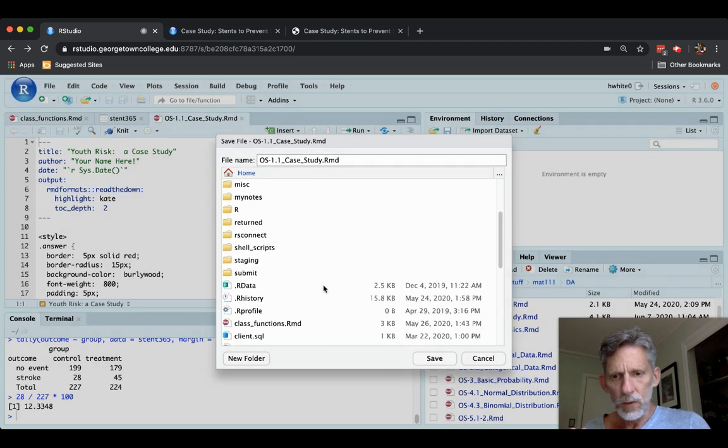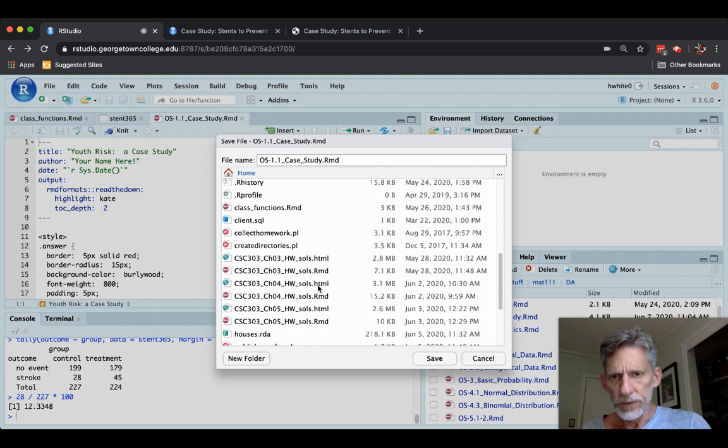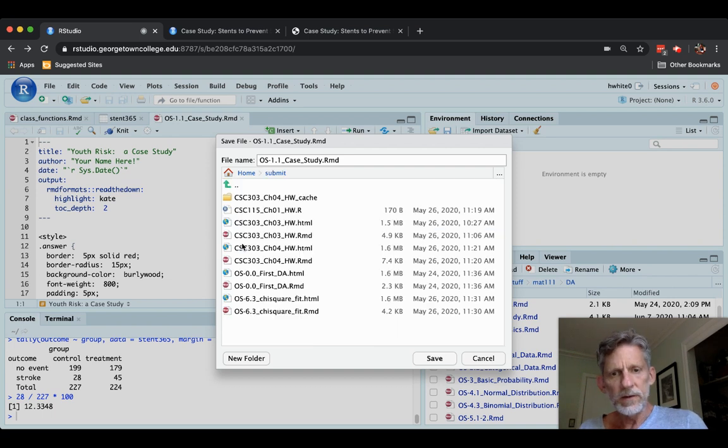And then inside my home directory, I want to look for my submit folder. There it is. And I want to click on it twice, a little double click. And that gets me looking inside of it. Make sure you're looking at home and then submit.